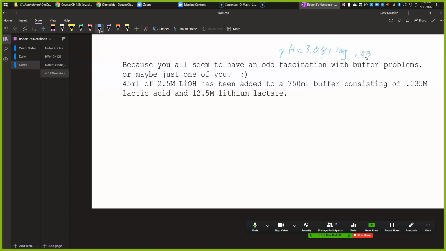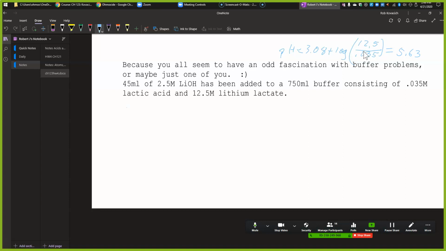So 0.035 and 12.5. Wow, that's really concentrated. Oh yeah, I put this one on here because Allison wanted another problem. So initially the pH is 5.63, and now we're going to figure out what happens during the course of this reaction.